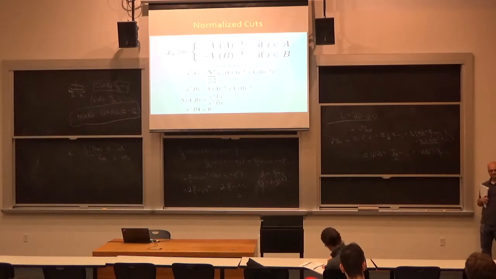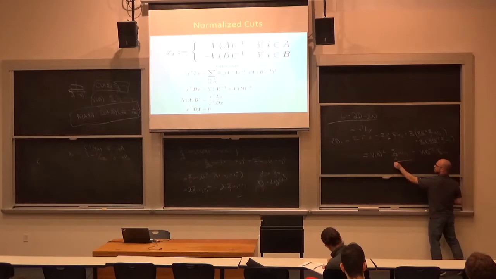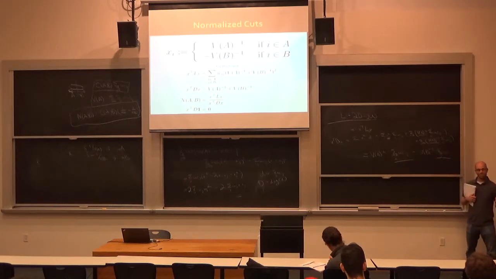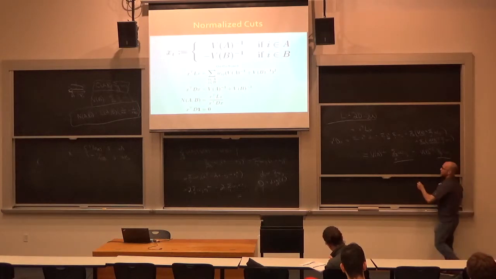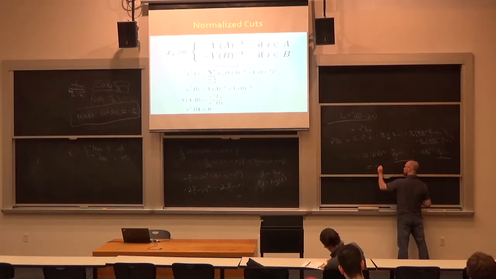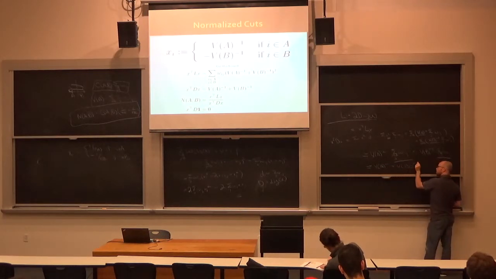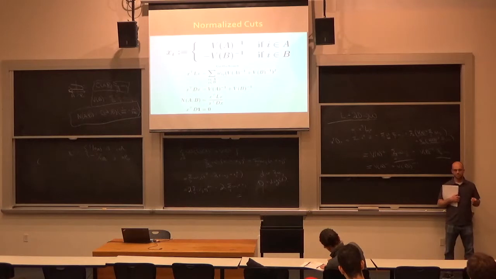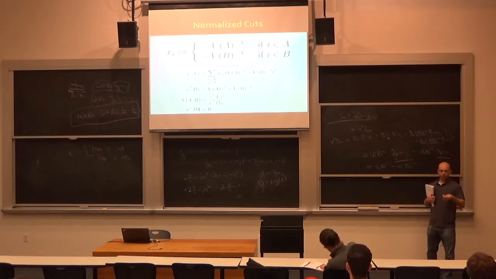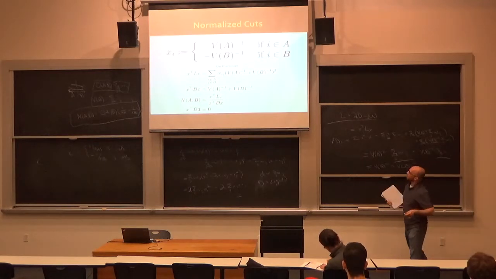And what are these inner sums here? This is exactly the definition of the volume of A and B. So at the end of the day, I get, good, I got it right. Okay, I need to get better at this. At the front of this class, I was making a mistake.